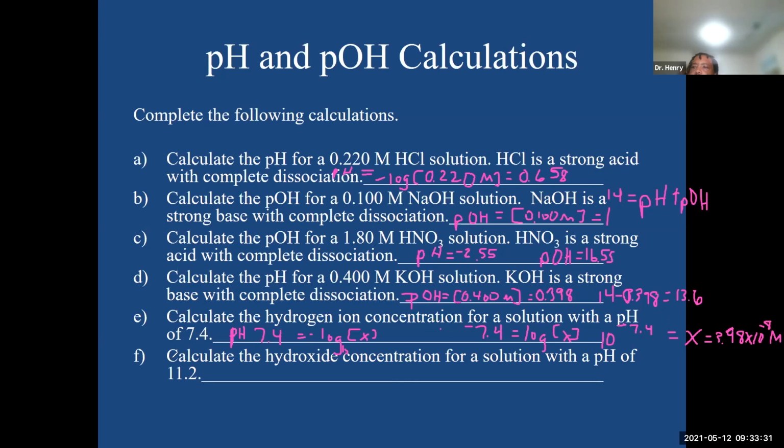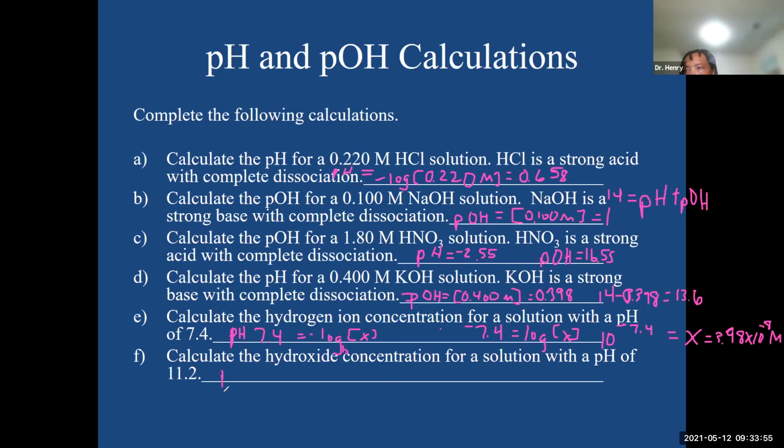Okay. Calculate the hydroxide concentration for a solution with a pH of 11.2. So what am I going to do here? We would do basically the same thing as we did with the first.